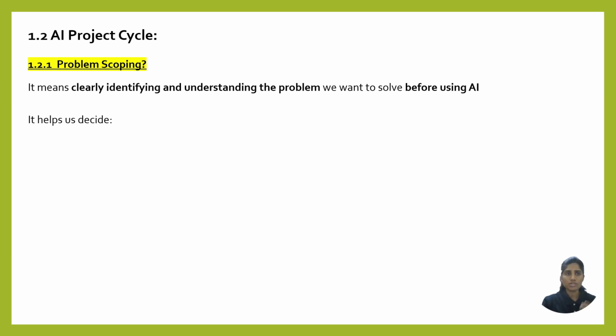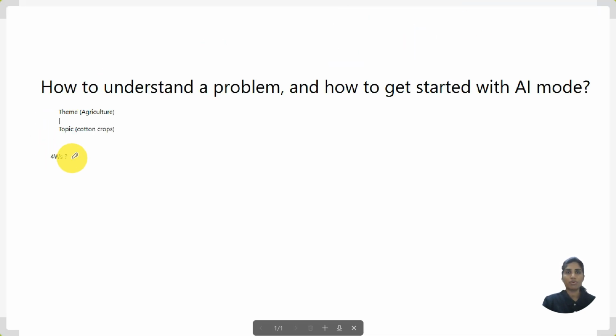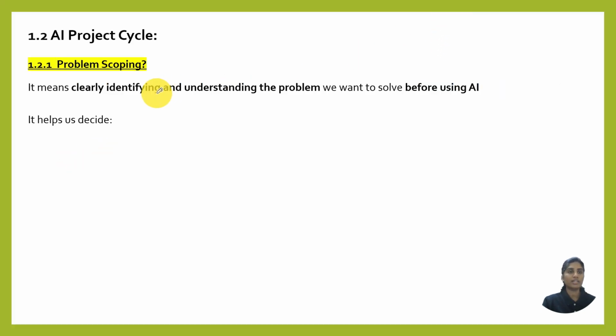Next, what I told you, we will be deciding about the 4 W's, right? So what are these 4 W's? When we are at the stage of problem scoping, we should be familiar with what the problem is, who is facing that problem, where they are facing it, why the problem is coming, and what solution I can give so that it will be beneficial for them to overcome it. These types of questions are always important when you start any project.